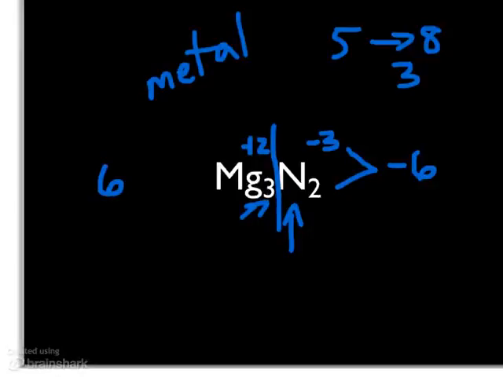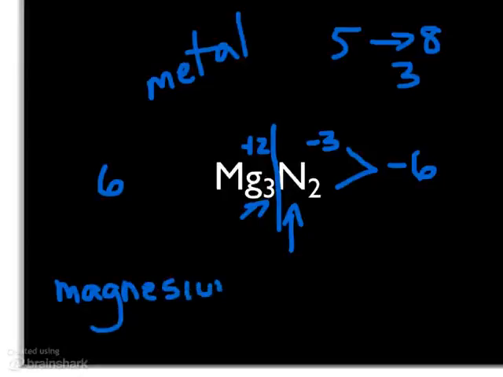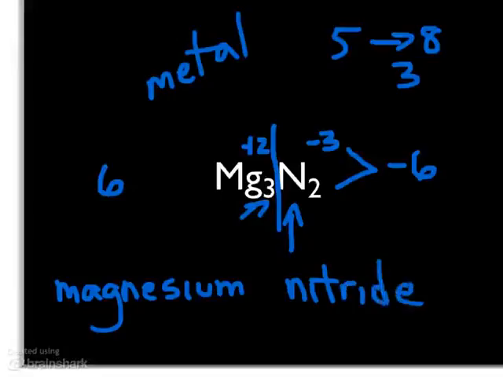Mg is one of your main group elements, so you can just name it by looking at the periodic table, which in this case would just be magnesium. And then for the N, the second half of a compound, or an anion, would always be the name that you see on the periodic table, but make sure you put an -ide ending at the end of it. So in this case, you'd have nitride. So the name for this compound would be magnesium nitride.